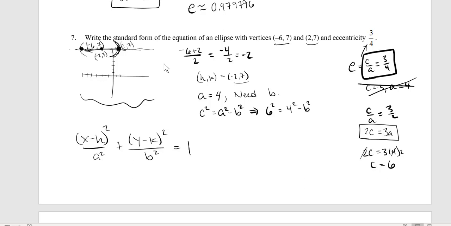And so we can solve now for the b squared value. Did I make a mistake here? What did I get? Let me see what I've done here.